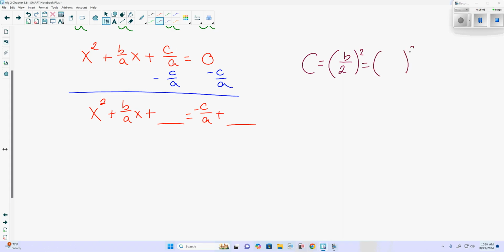Now again, some of our letters are repeating, and that's fine, because the meaning behind how we plug this stuff in isn't as crucial as what we're getting to. Our b term is the number in front of x, which is actually just b over a, over 2. And if we simplify b over a over 2, we get b over 2a.